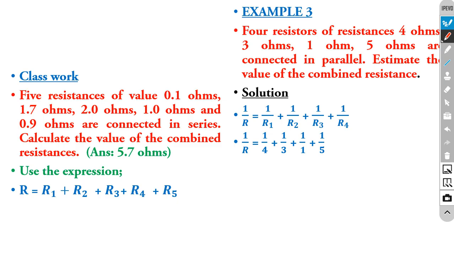So what I'm going to do basically is to draw a line across, and then I'm going to find the LCM of 4, 3, 1, and 5. So let me write 4, 3, should ignore 1. It's just meaningless. And then 5 here.